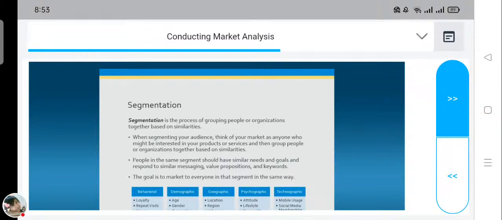We could also group people by demographic, something like age or gender. So we could take all of the Diet Coke drinkers and we could say we're looking at just female Diet Coke drinkers. We could break people down by geography, location, region, urban versus rural.